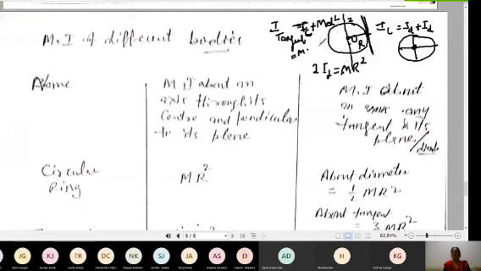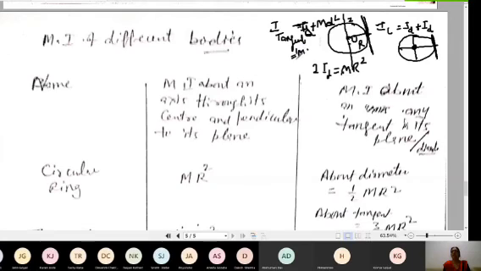Now this tangent, if it is tangent in its plane, it means it is parallel to this diameter. This is tangent in the plane. Then about the diameter it is given to you as half mr square.